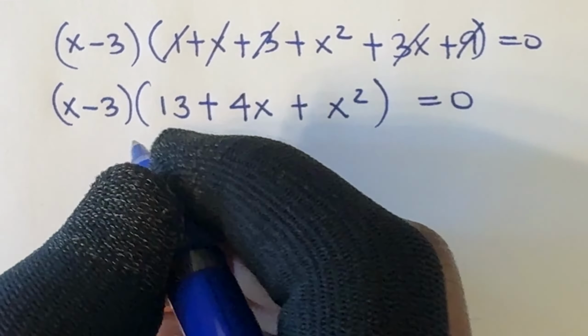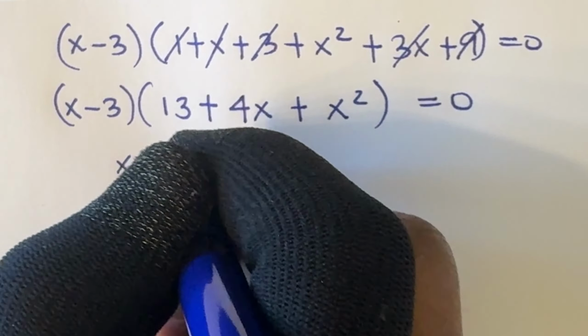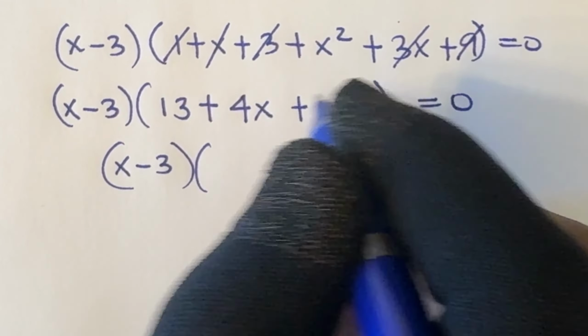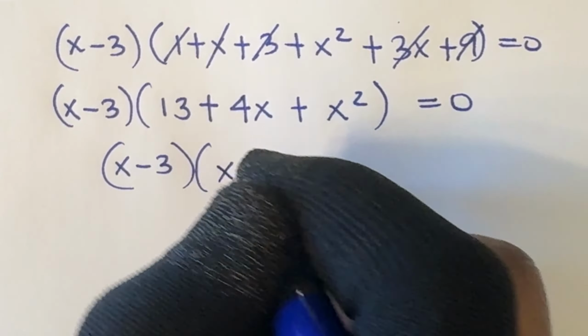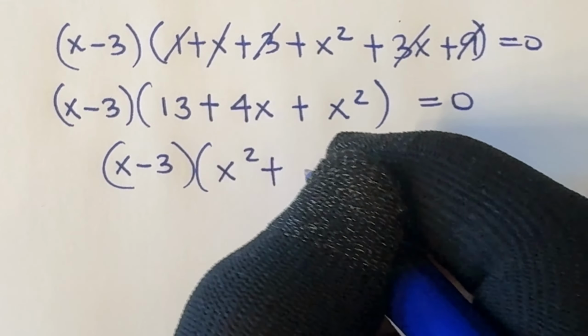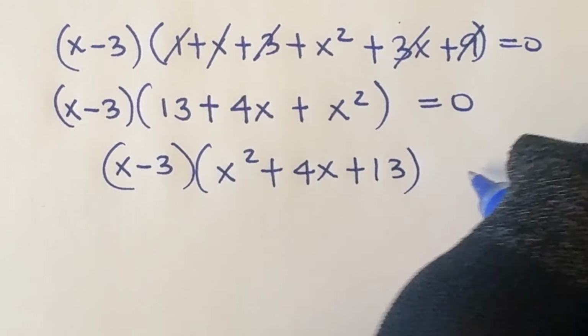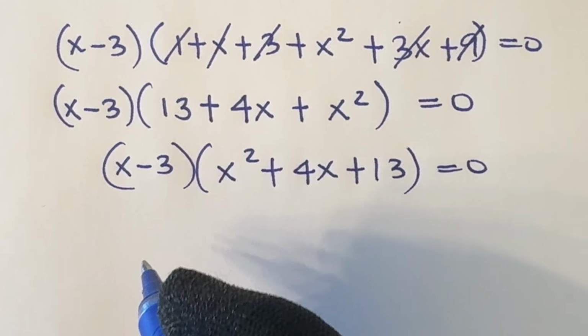We can rearrange this in order of the power of x. This is x squared plus 4x plus 13 is equal to 0.